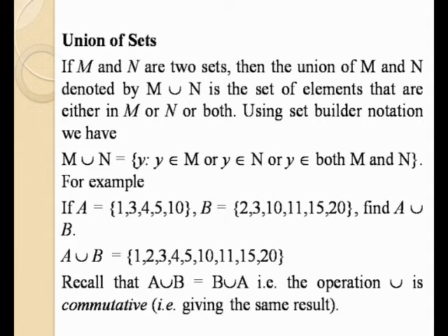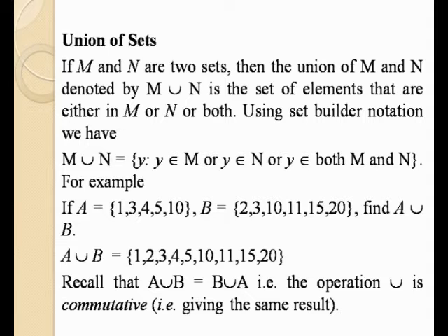We have 3 in sets A and B. We are not to repeat it. Then we have 4 in set A. So we can easily say that our A union B is 1, 2, 3, 4, 5, 10, 11, 15, and 20.